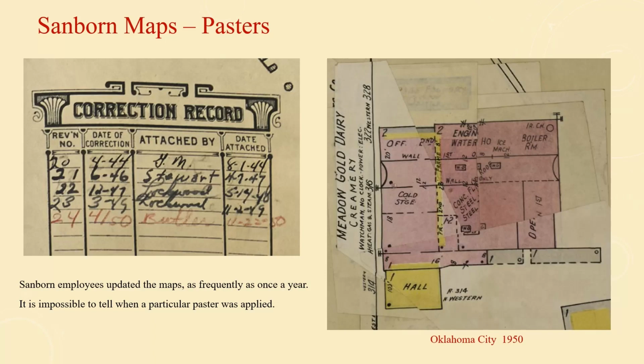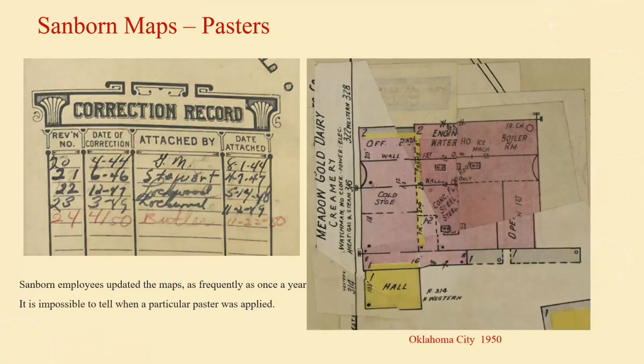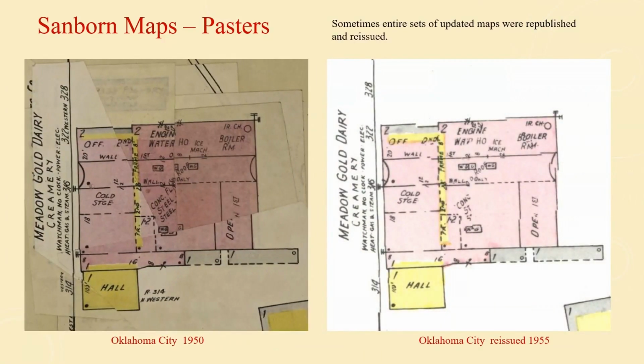Sometimes they would reprint these maps later on. So like this 1950 updated Oklahoma City map, which was first printed in 1922, they reprinted that in 1955. But you can see here on the reprint that they actually reprinted it from a map with pasters on it, because you can see the offsets of some of those pasters where they weren't applied quite exactly in line.